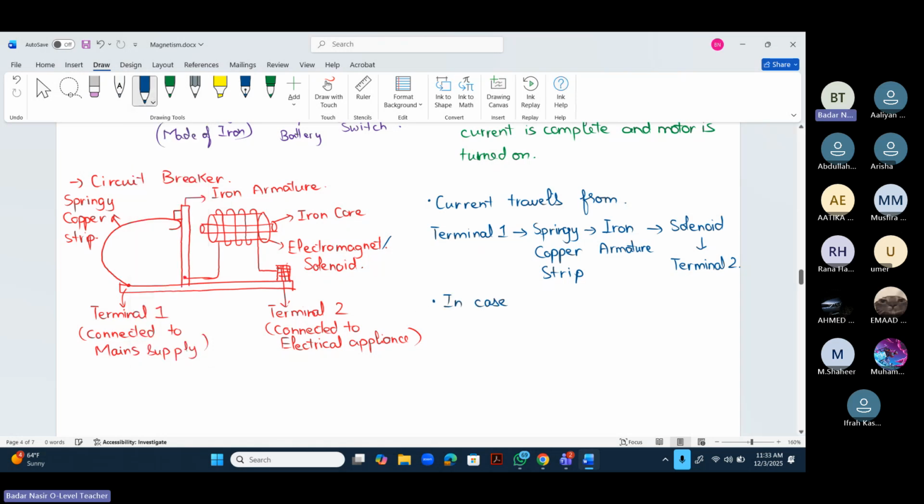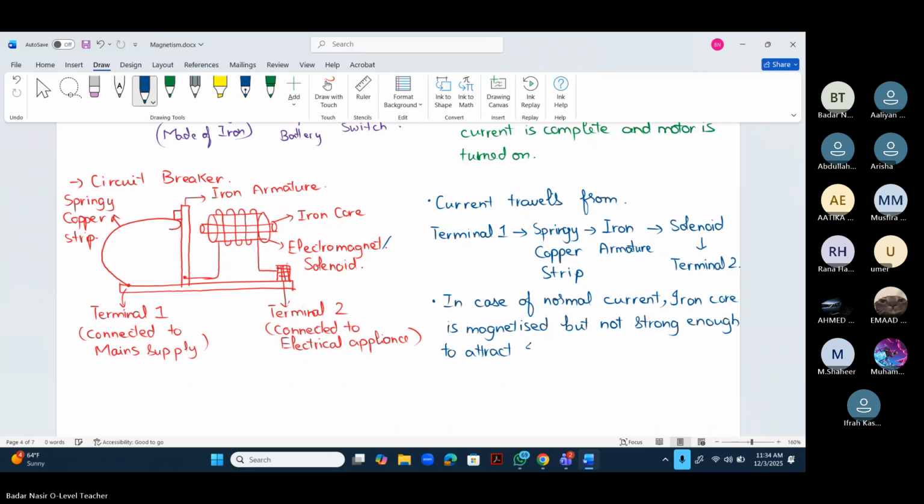In case of normal current, iron core is magnetized but not strong enough to attract iron armature.